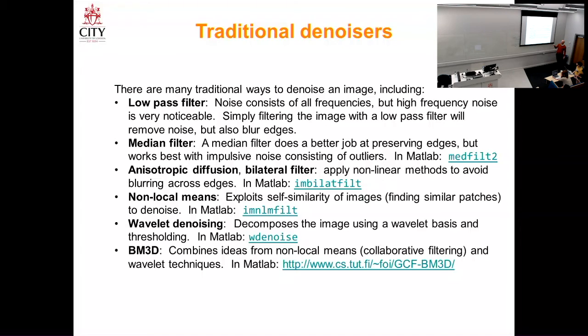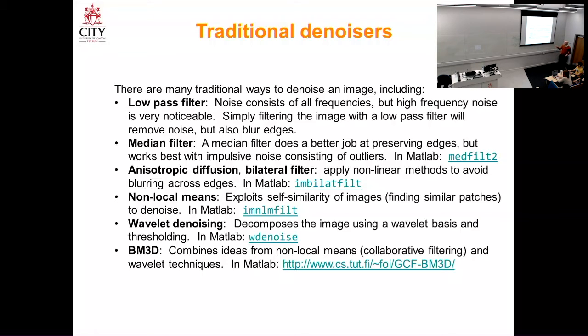More recently, there are techniques called anisotropic diffusion and bilateral filters, which are designed to apply nonlinear techniques which blur along edges but not across them. If you blur across an edge, then the image looks blurry. But if you blur along the edge, actually the image looks pretty good, and it's an effective way to reduce noise.